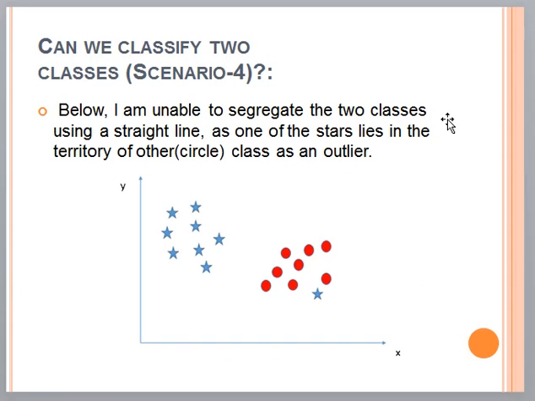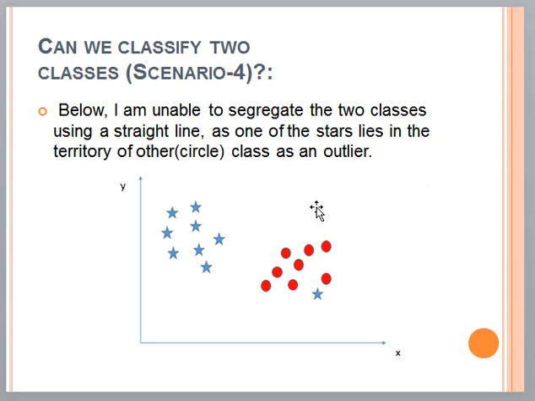Now in scenario 4, things are a little bit more complex. You can see that we have a data point which is almost in the other class. This data point can be some kind of noise, or it may be an outlier, but it happens to be residing in this class. So I am unable to segregate the two classes using a straight line.